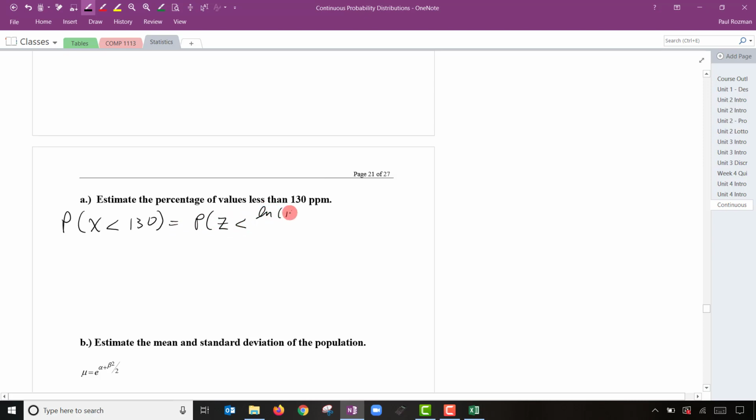It's the natural log of 130 minus our alpha, which we estimated to be 4.282, and our beta to be 0.530. I'll just leave the extra precision in there, we can round later.